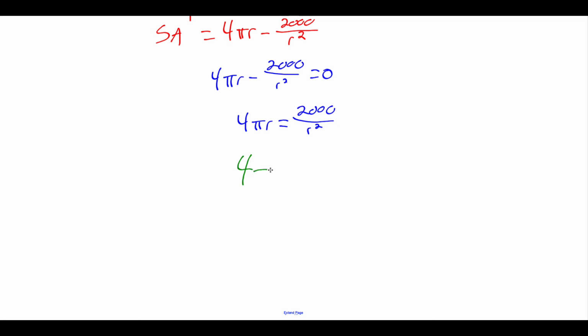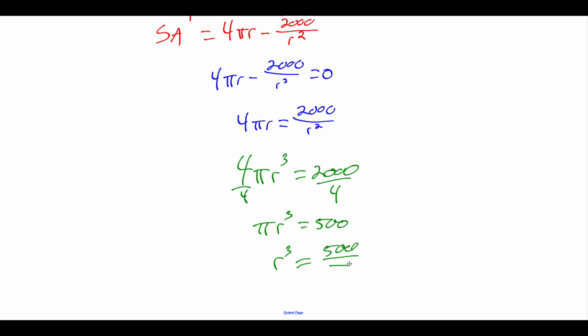So then this will say 4 pi R cubed equals 2000. Then I'm going to divide the 4 over to the right-hand side. So I get pi R cubed equals 500. I'm going to divide the pi over, so I get R cubed equals 500 over pi.